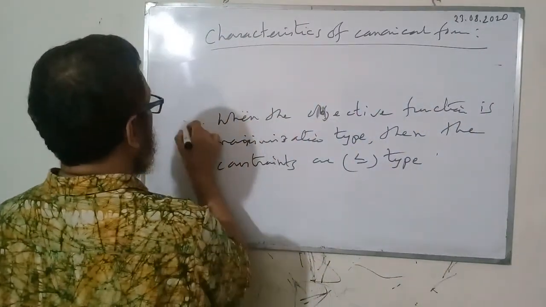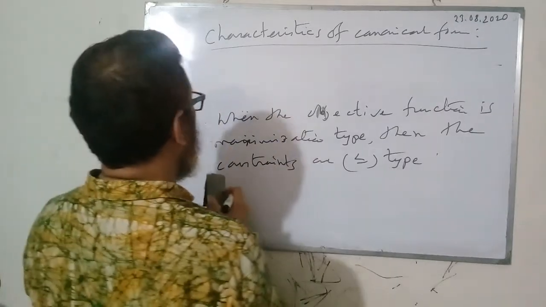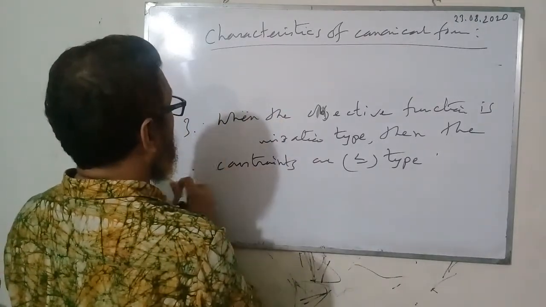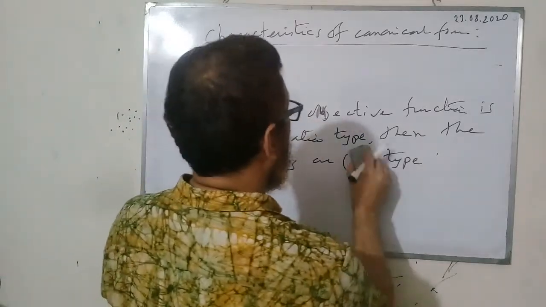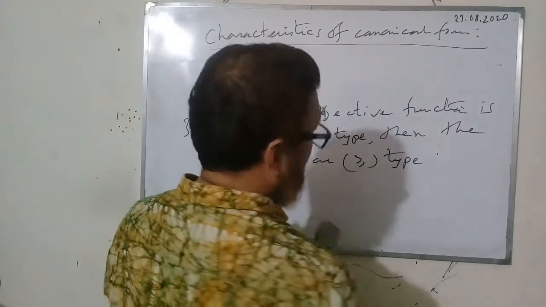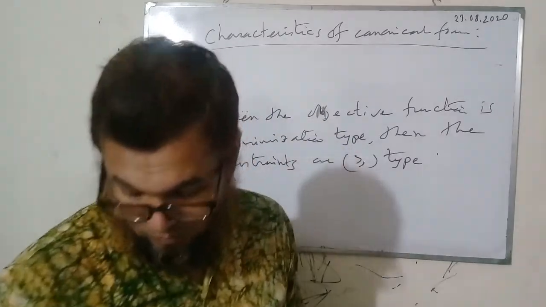Number 3, when the objective function is minimization type, then the constraints are greater or equal type.